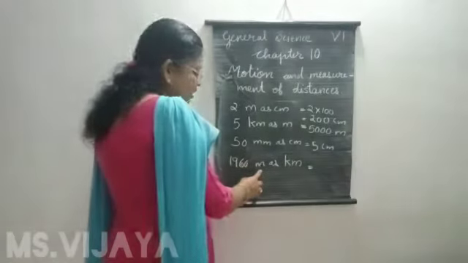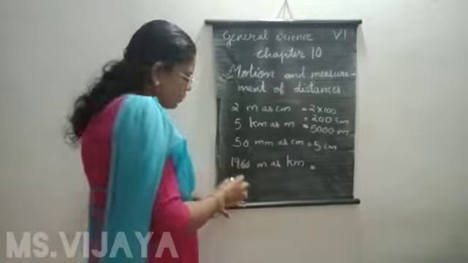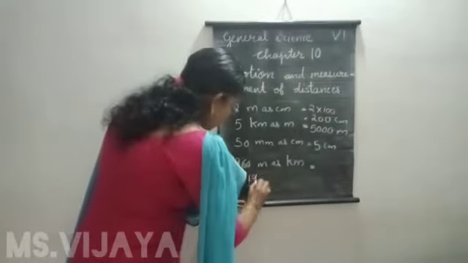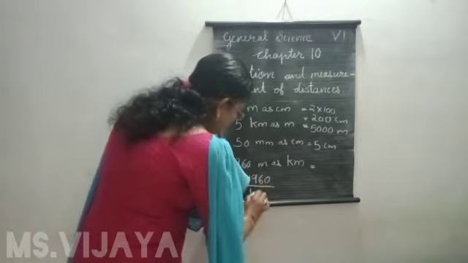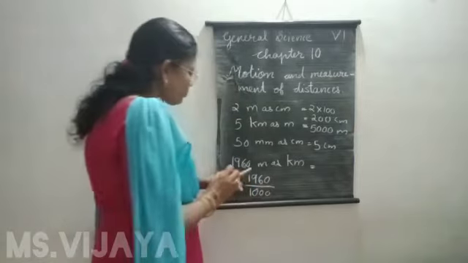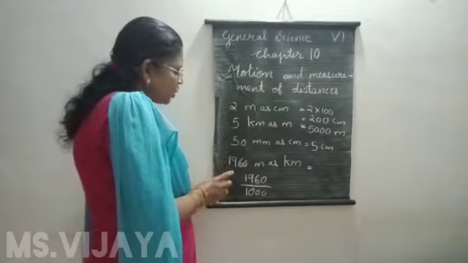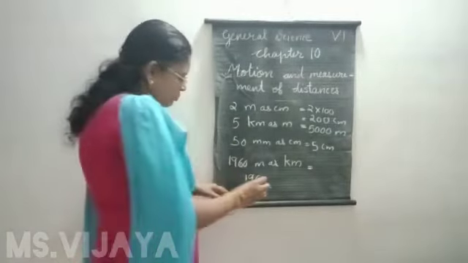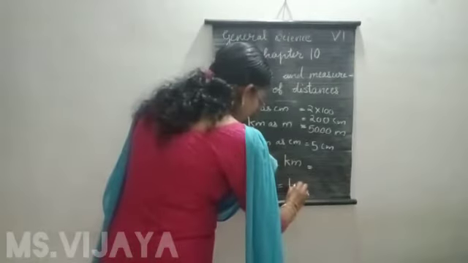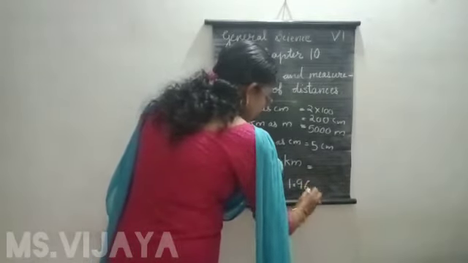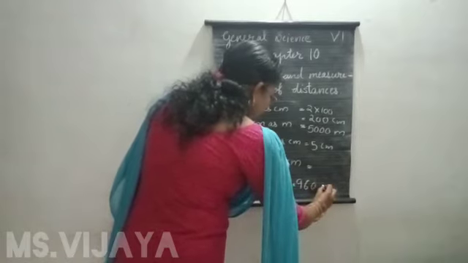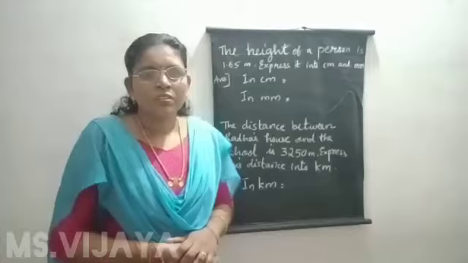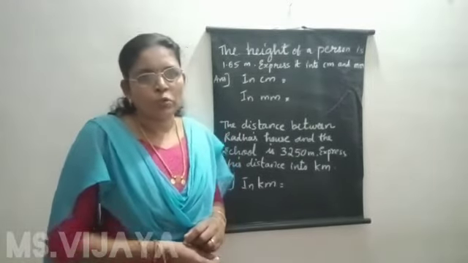Now we are going to change a small unit into a larger unit. So what should we do? Multiply or divide? Divide. So 1960 divided by 1000. Why? Because 1 kilometer equals 1000 meter. So what is the answer? 1.960 kilometer. Clear?